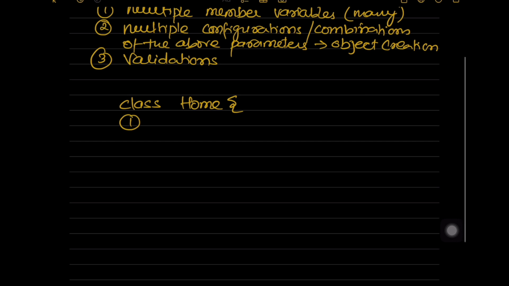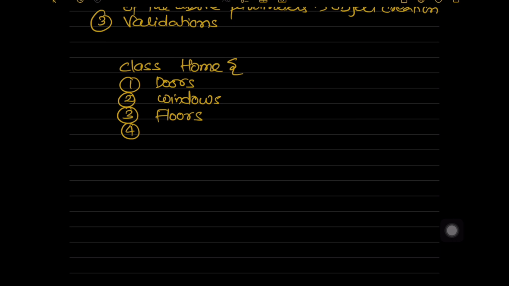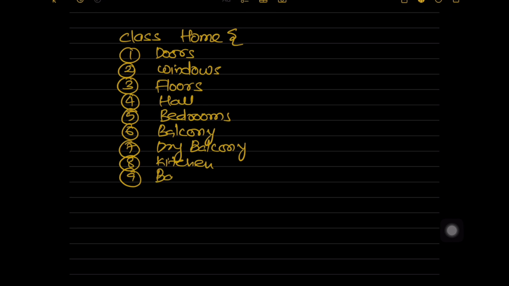What parameters? Say there will be doors, windows, then there can be floors, then hall, bedrooms, balcony, dry balcony, kitchen, and what else can you think of, bathroom.